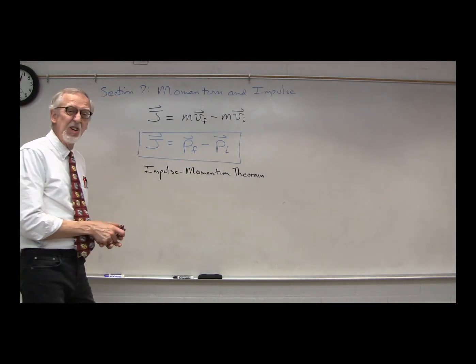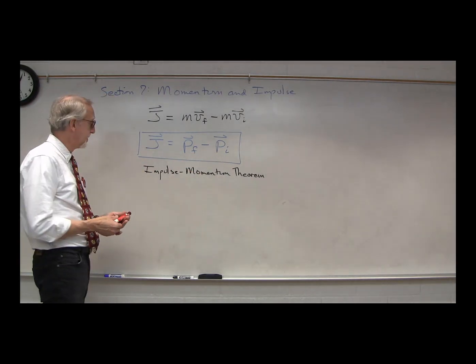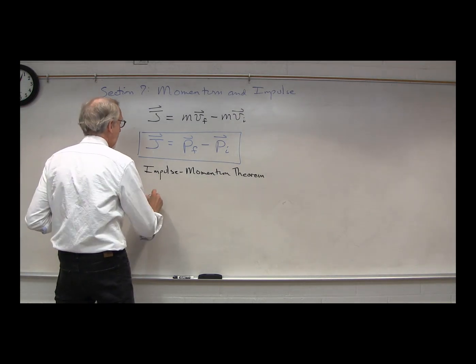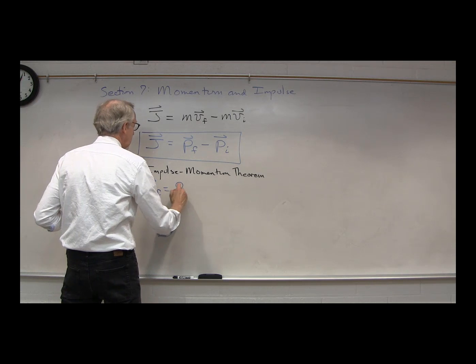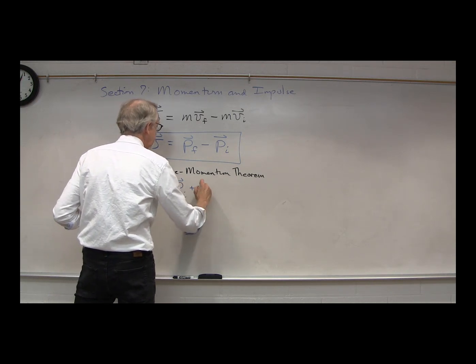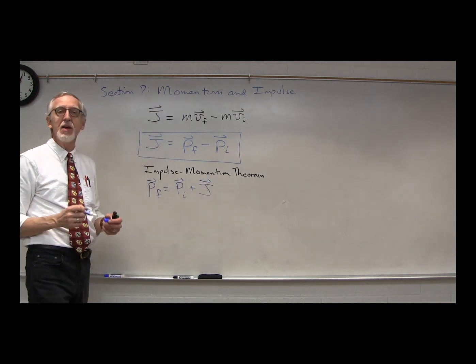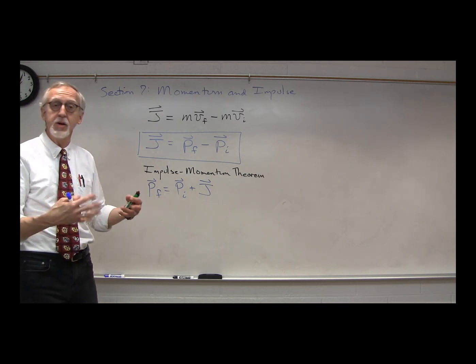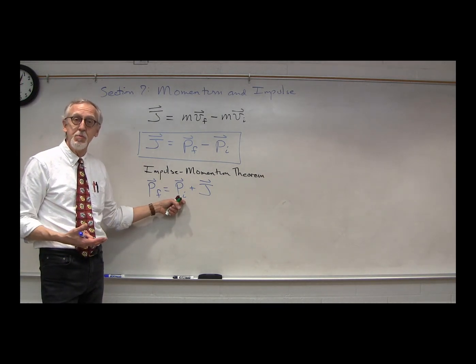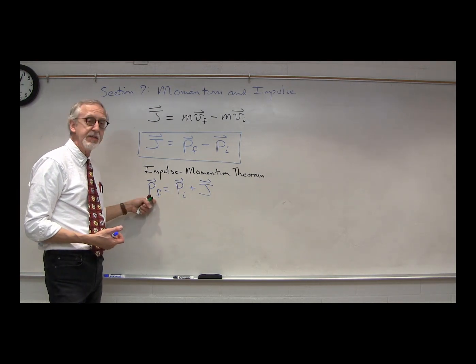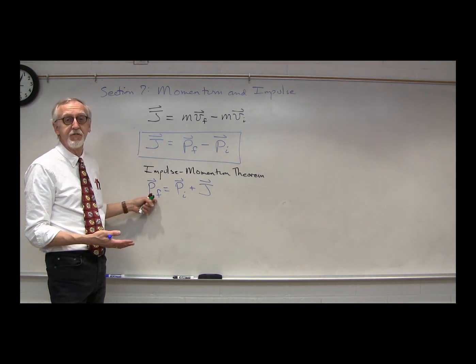Again, we could bring the initial over here, maybe make it a little bit easier. We have P final equals P initial plus J. In other words, whatever impulse is applied to an object goes into changing the object's momentum, increasing it to some larger final value.